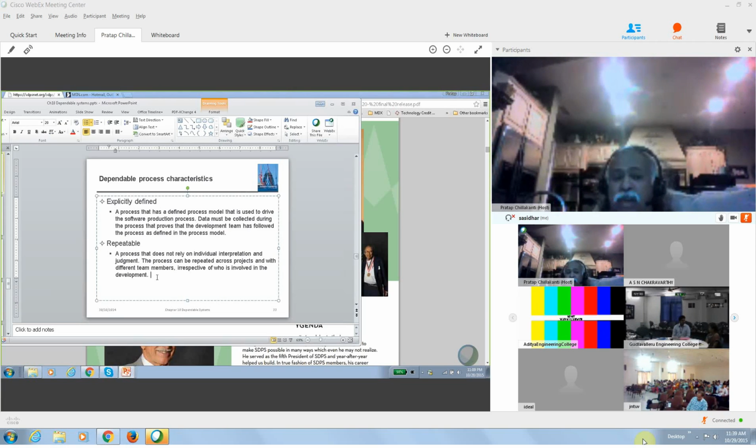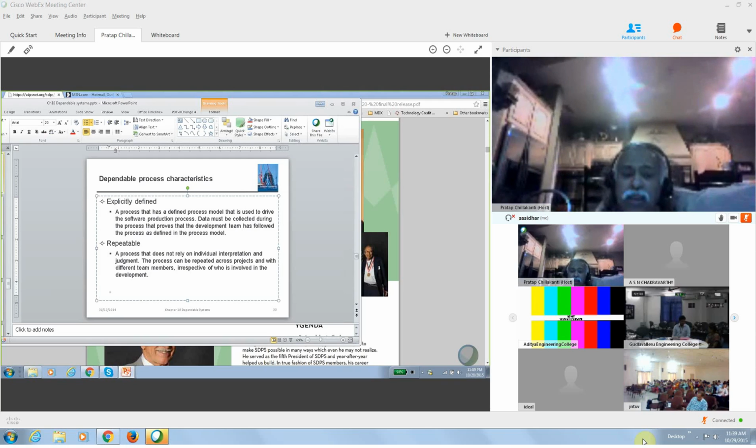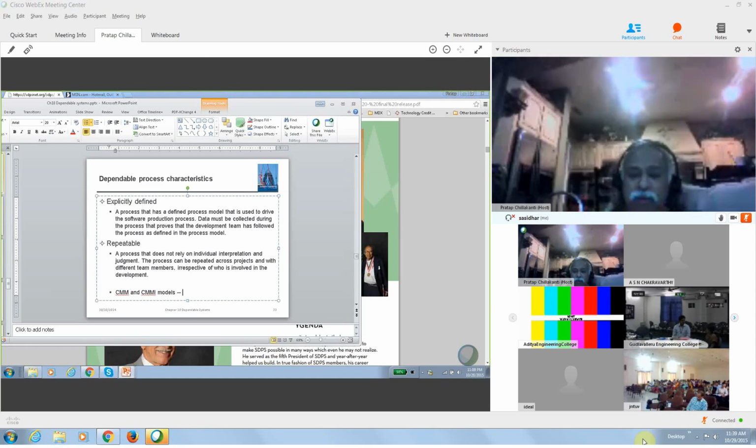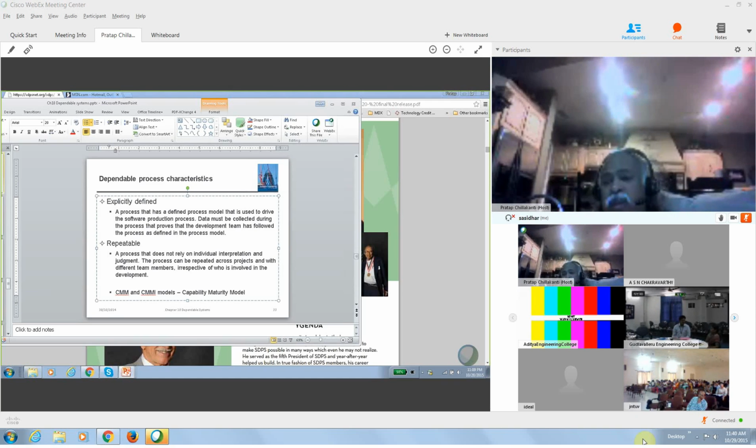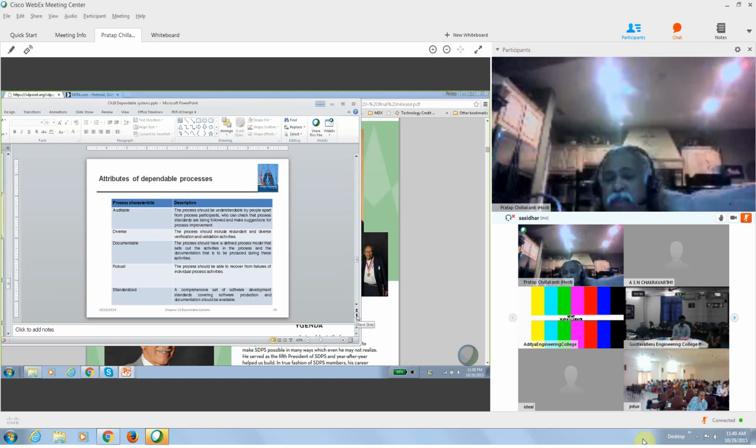Okay, there's a thing called CMM and CMMI model. Check them out. Capability maturity model. Google up capability maturity model. It gives you levels of maturity that organizations may have in terms of implementing software processes.